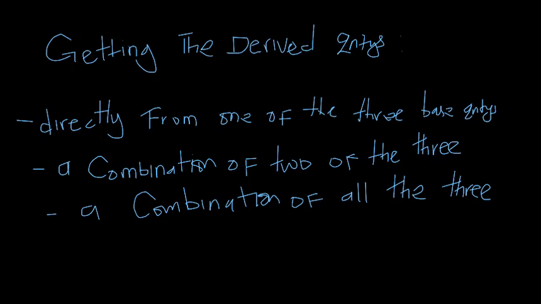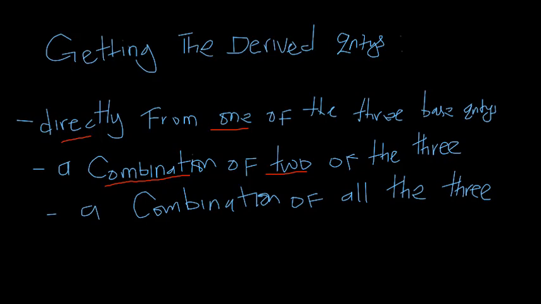So number one is that derived physical quantities can be gotten directly from one of the three base quantities. So you could either have a derived quantity that is directly derived just from one amongst the three base quantities, or you could have a combination of just two out of the three basic quantities.